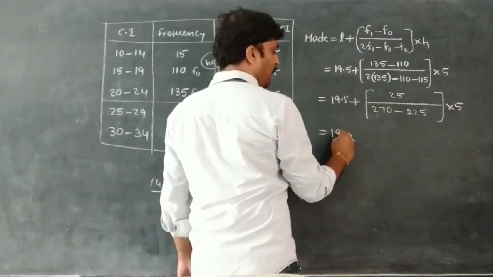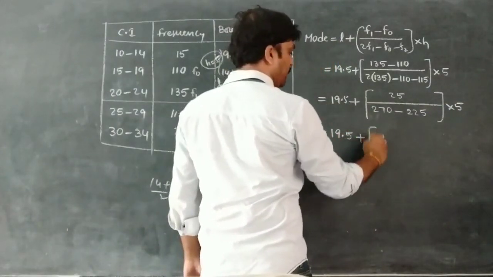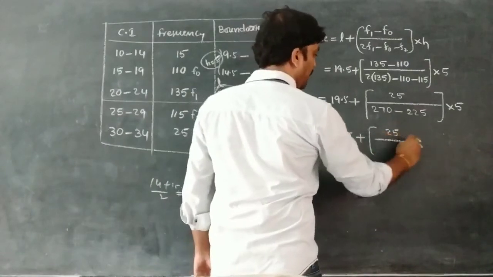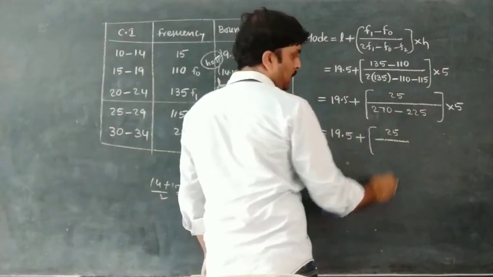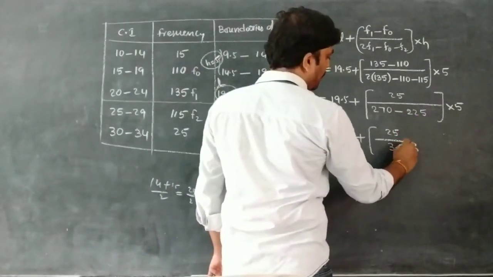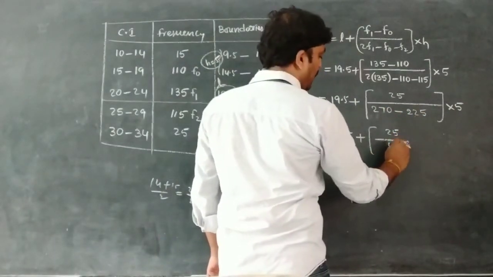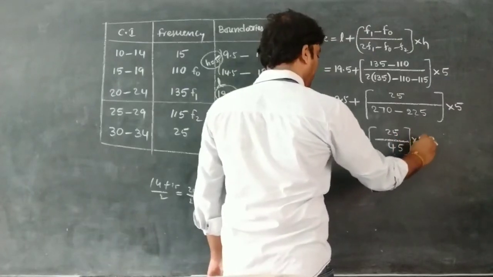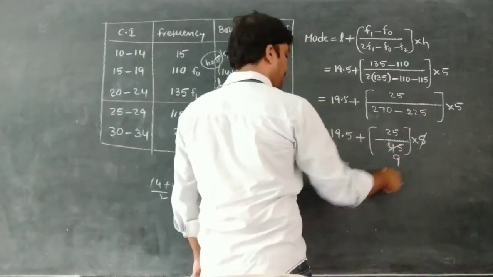Now 19.5 plus, subtracting these two gives 25, over 270 minus 225, which is 45, into 5. 5 ones are 5, 5 nines are 45.